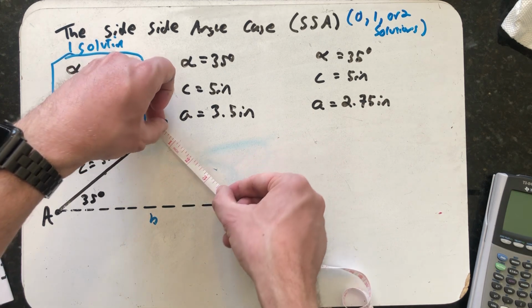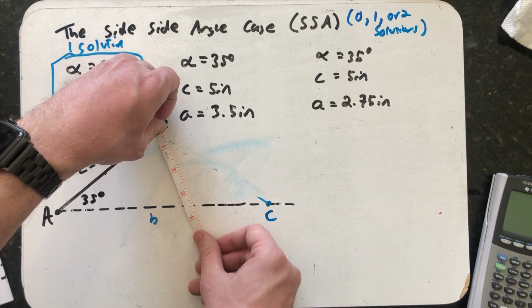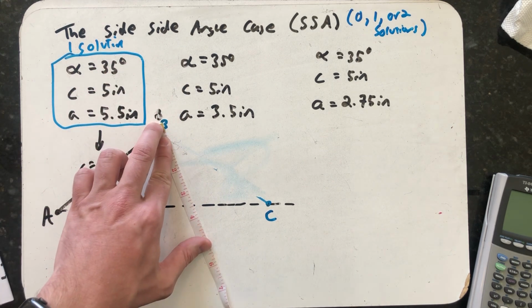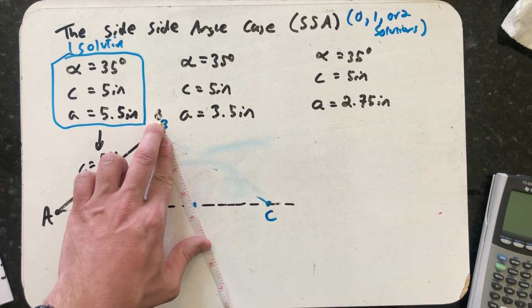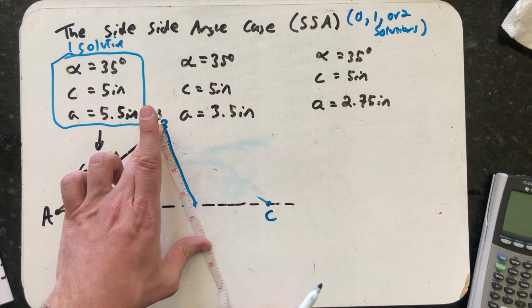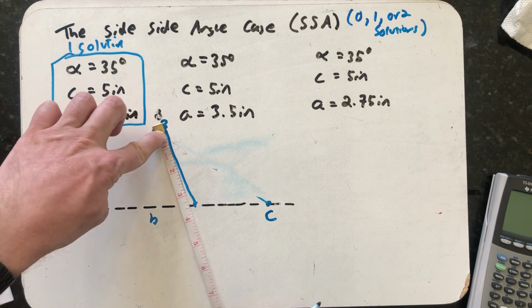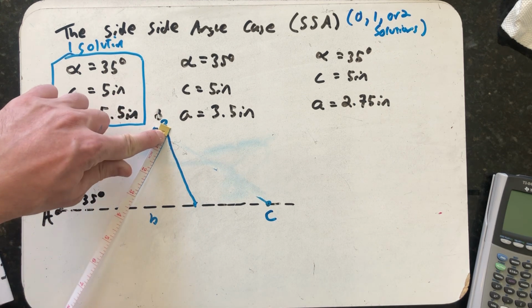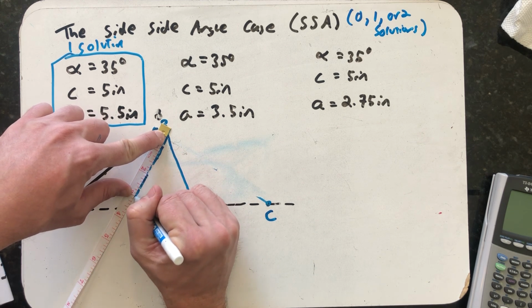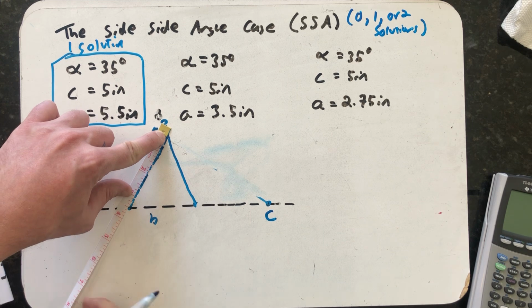And I rotate down, and hey, there's a solution right there, where at 3.5 inches, I've hit the horizontal line. So I feel good about that, and there is a triangle that solves that given information. And then I keep swinging, and hey, there's another spot where I would hit that horizontal line.